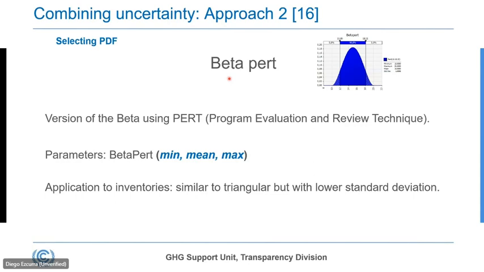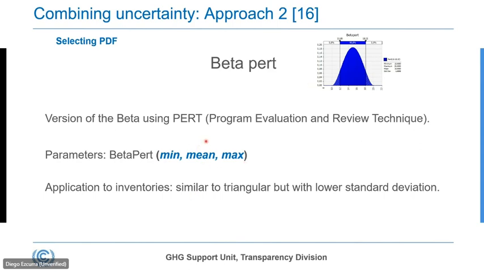If you're finding difficulties in trying to match the mean, the lower and the upper limit of the confidence interval, you can try using a beta PERT, which is very flexible. The good thing with this is it's very intuitive because it requires the same data as a triangular distribution. You just need the minimum, the maximum, and the mean value.